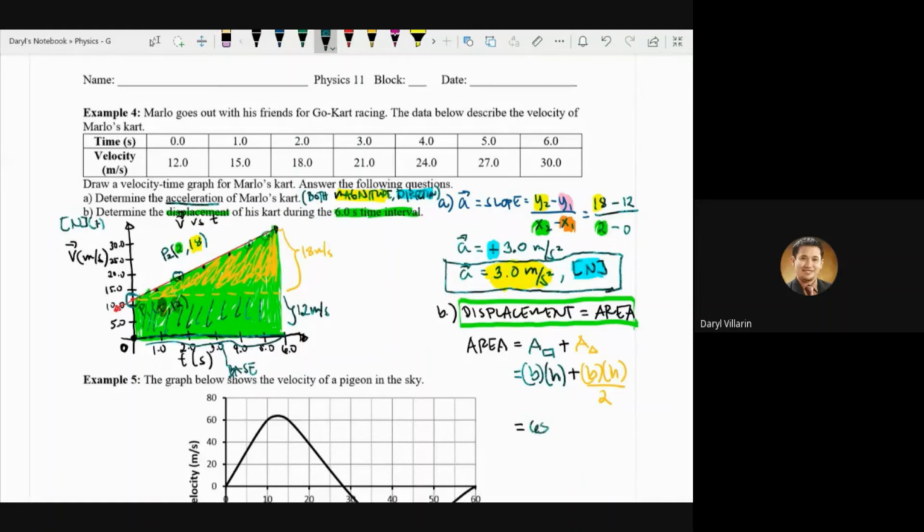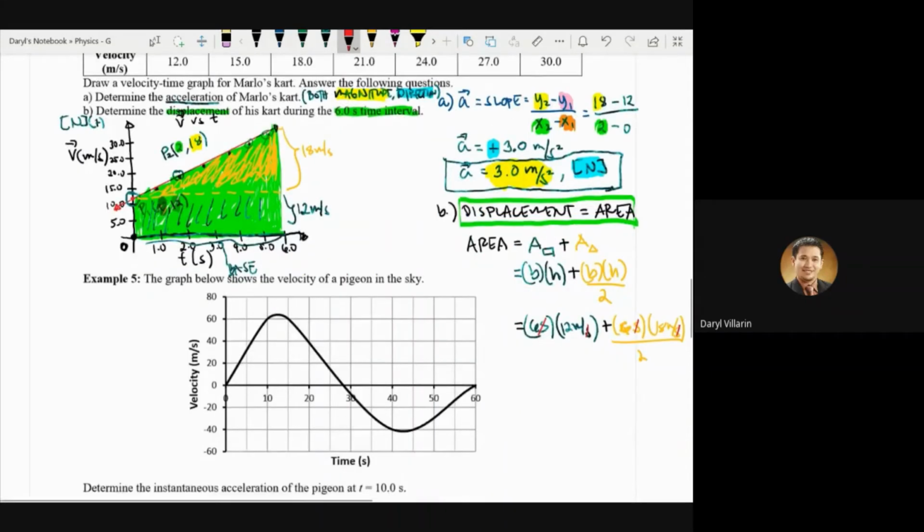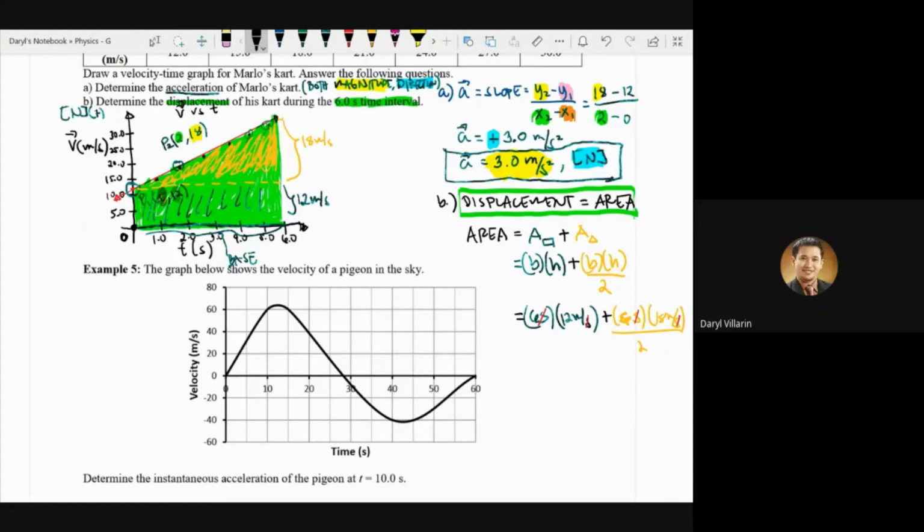Base is 6 seconds multiplied by the height of 12 meters per second, plus the base is again 6 seconds for the triangular part, but the height is 18 meters per second. Somehow it gives us the unit of meter, which is to be expected. That is our expected value.